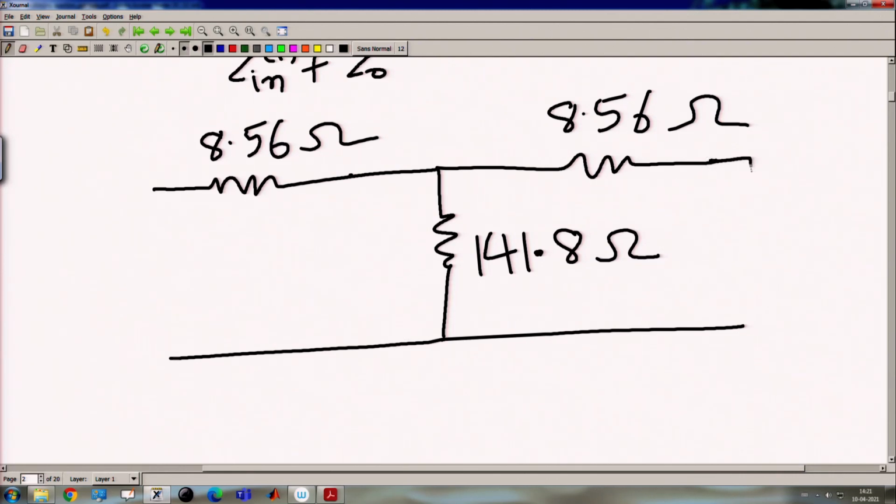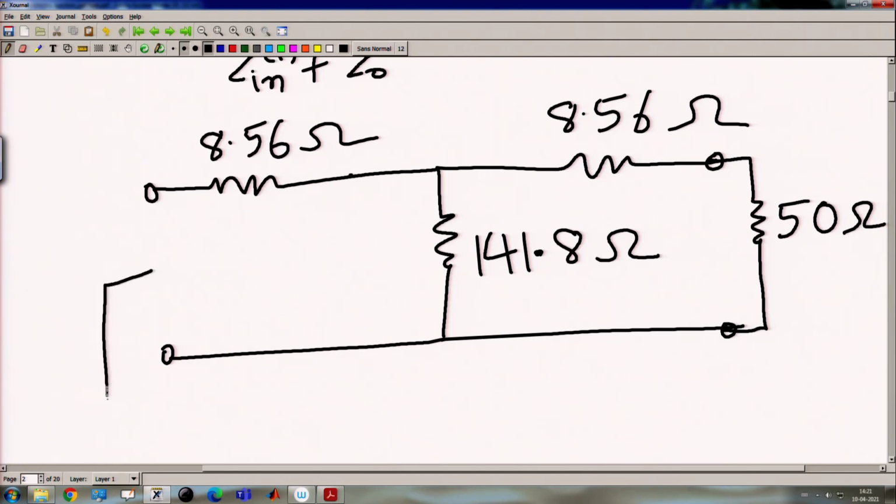Because we are finding S11, this is terminated with a matched load impedance of 50 ohm. Here it is port 2, and this is port 1, and we are seeing the input Z in 1 from port 1.